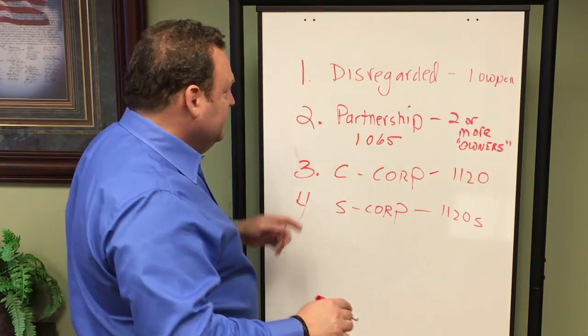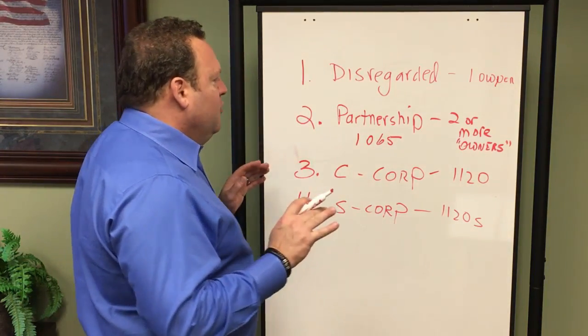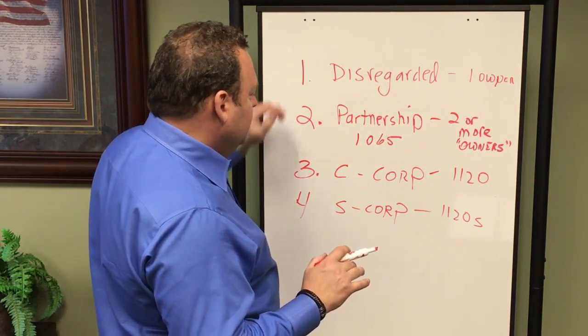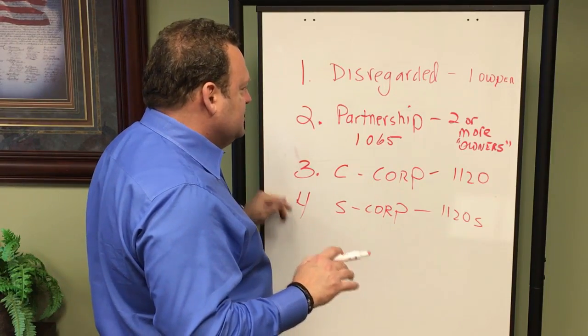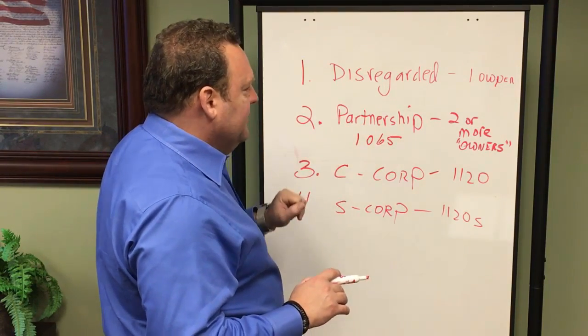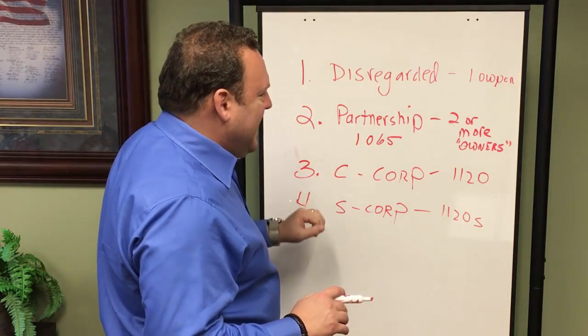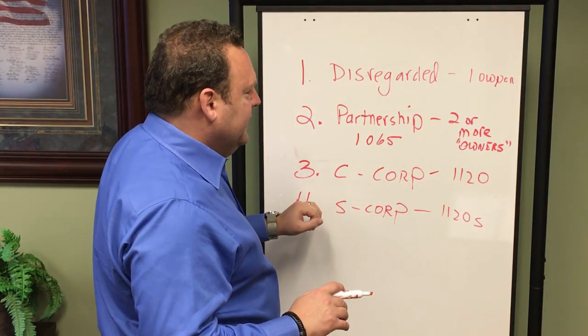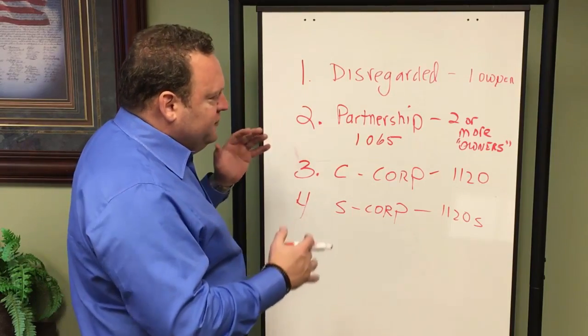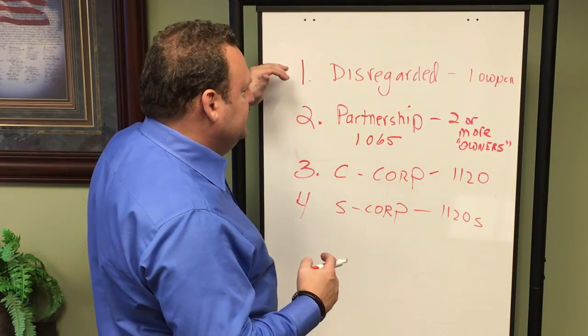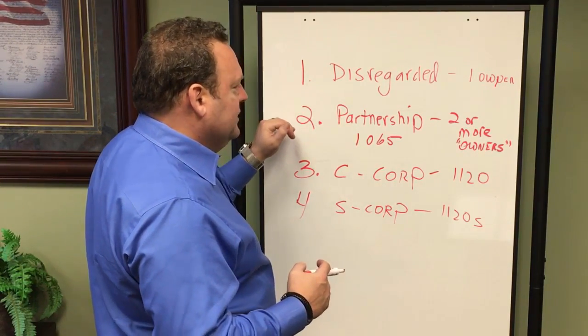So to sum it up, if you are one person, you can be disregarded, you can go C Corp, you can go S Corp. If you are two or more people, you can go partnership, C Corp, S Corp. Okay? So by default, a single member is disregarded, and by default, 2 or more people are a partnership.